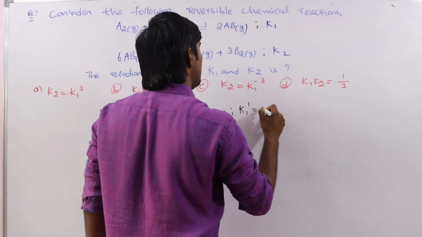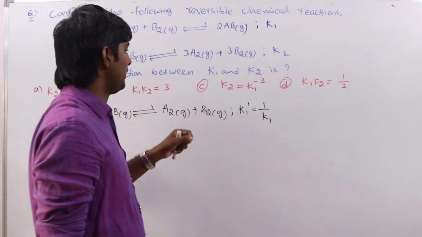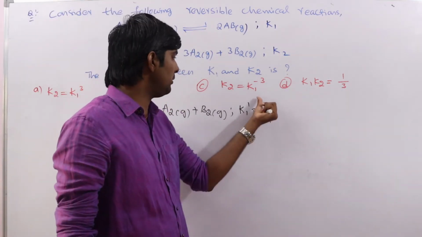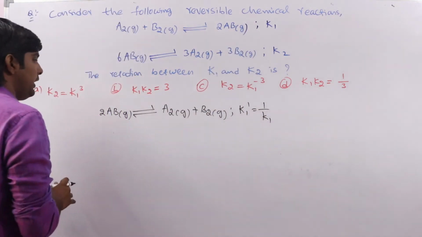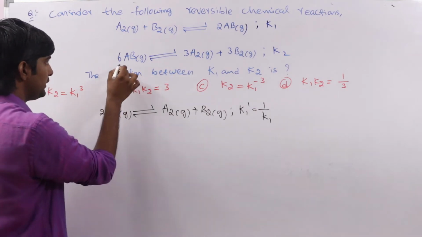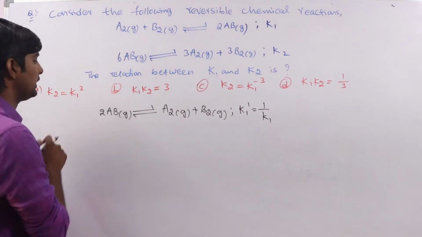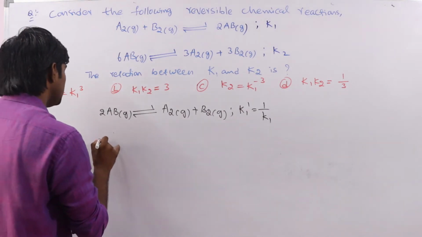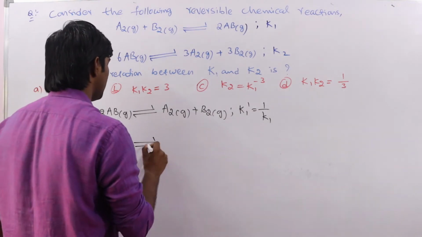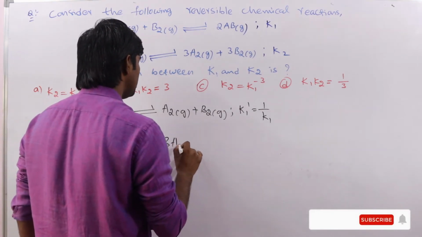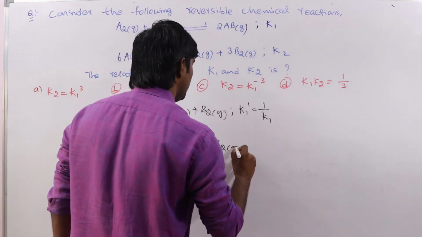So K1 dash is equal to 1 by K1, because when the reaction is reversed, the new equilibrium constant is the reciprocal of the previous one. Next, 6 moles of AB are present in the second reaction, so we multiply this reaction by 3. We get 6 moles of AB giving 3 moles of A2 plus 3 moles of B2.